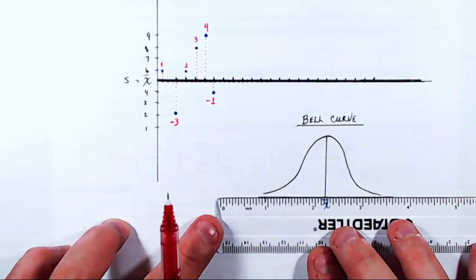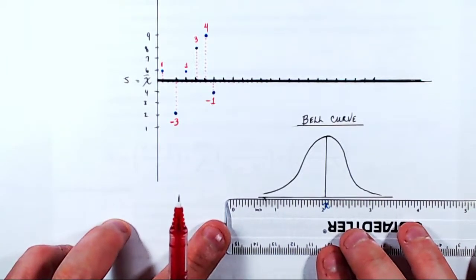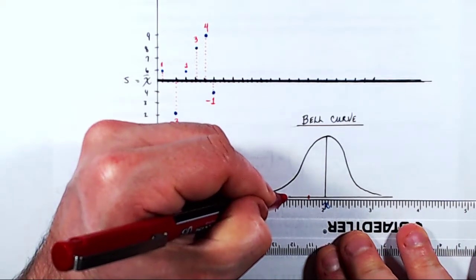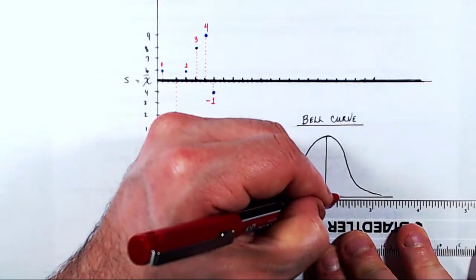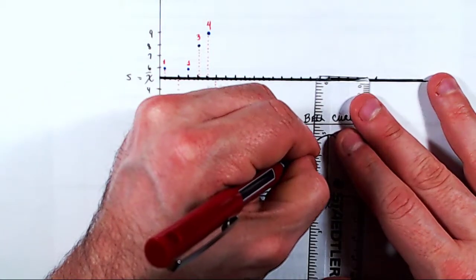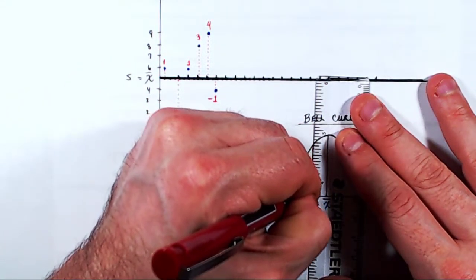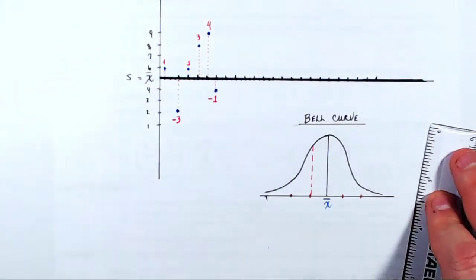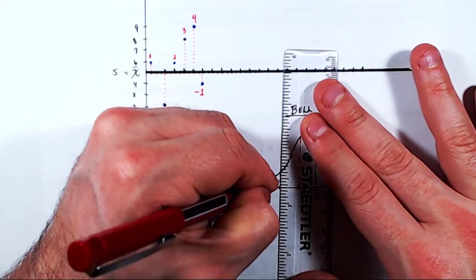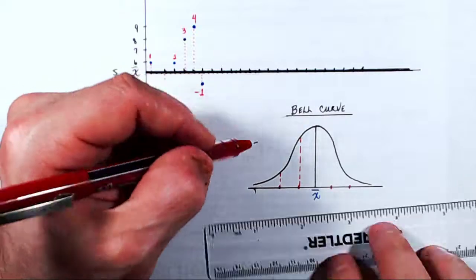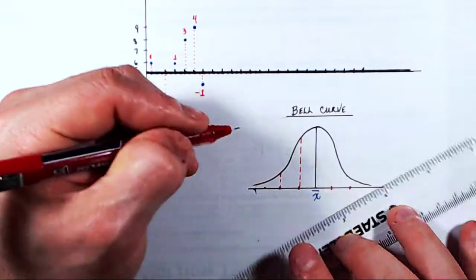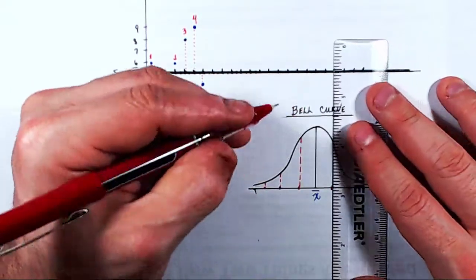So we're going to split each side of our bell curve into 3 equal parts. First, we'll put a dotted line. That's representing 1 standard deviation. And my dotted line here, standard deviation. And then I need a final point, 3 standard deviations. Same thing on the other side.